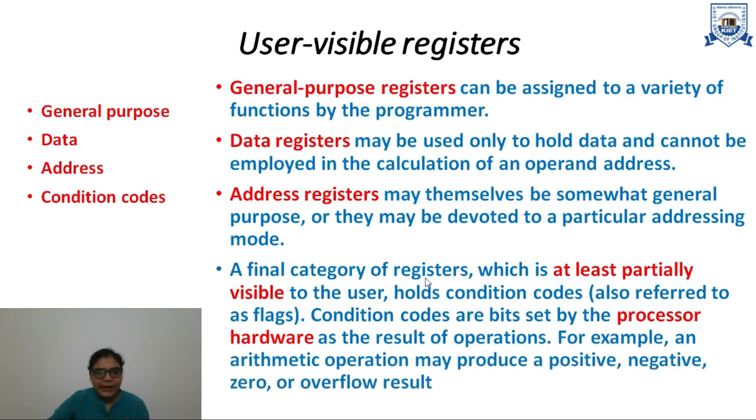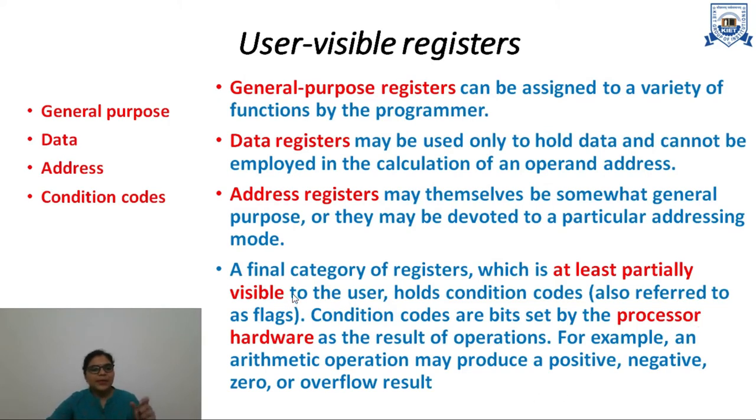A final category of register is at least partially visible to the user. The user cannot fully use these registers in their program, or they cannot directly access these registers. These registers are called condition codes. These registers are always set by the processor hardware.